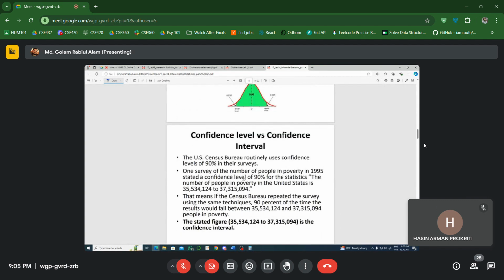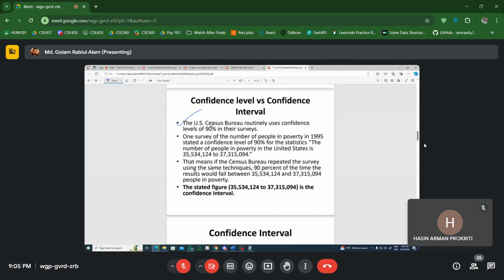Another example here is the US Census Bureau, which routinely uses a confidence level of 90%. Then what will be the confidence interval for that case? On that survey, the number of people in poverty in 1995 was stated at a confidence level of 90%, and the number of people in poverty in the United States is in this range. So this is our confidence interval.